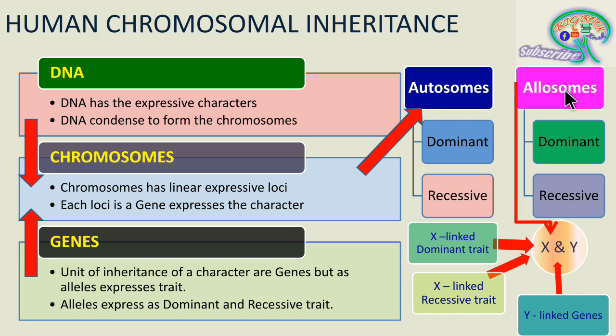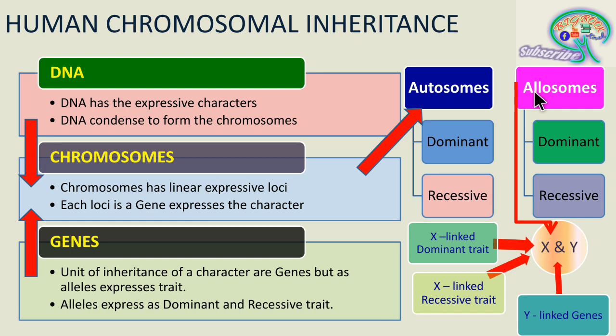But here we are not going to call it allosomal, because in human beings there are only two allosomes, X and Y. XX is for females and XY is for males.